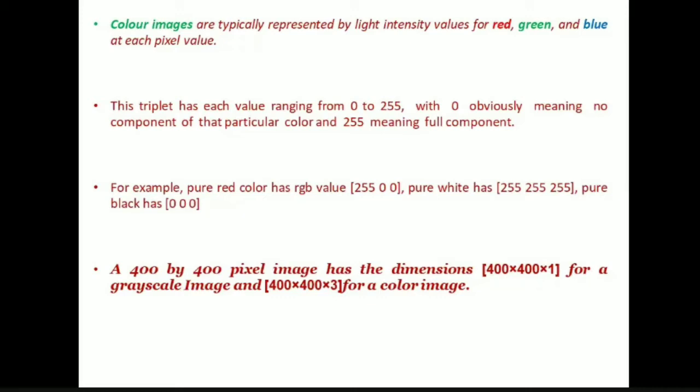Grayscale has only one channel, or only one representation of a pixel value. At the same time, for a color image we represent the same thing as 400 x 400 x 3, because we have R, G and B values. So this is how we differentiate between a grayscale image and a color image. Okay, now next.